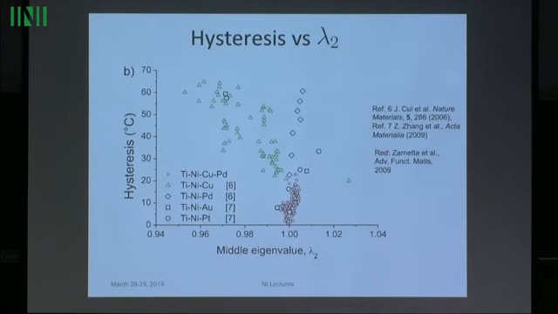These alloys are some of the most studied alloys in all of material science. In fact, these days, nickel titanium X alloys are the most studied alloys in all of material science. And so how did people, this was a fairly recent result, maybe less than 10 years ago, how did people miss the fact that, people are always interested in hysteresis, how did they miss the fact that it drops down so suddenly here?